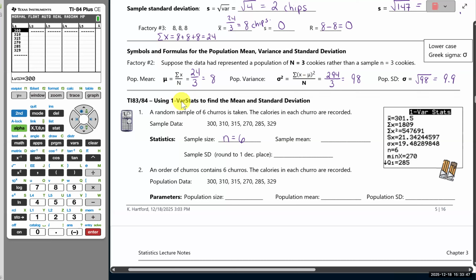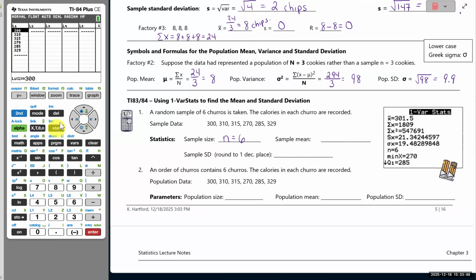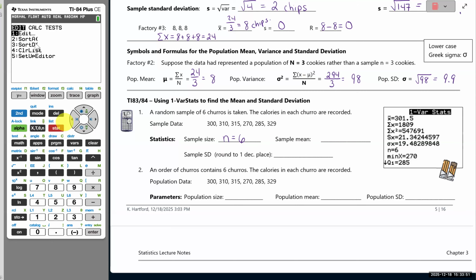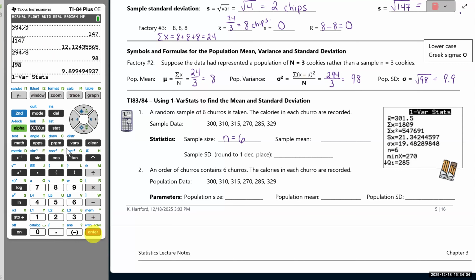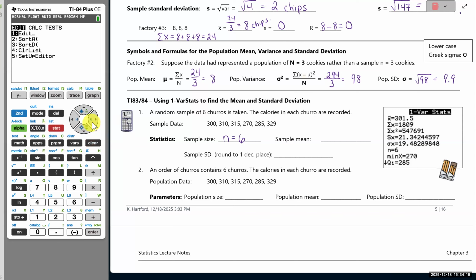So what we're going to do is hit our statistics button, stat, and then instead of edit, use your arrow to select calculate. And the first option there is one var stats, so one variable statistics. So you can hit enter and that will be on your home screen. Now I'm just going to do that again because my screen is so busy with other stuff. I'm just clearing my screen. So I'm going to go stat, calculate, one var stats.